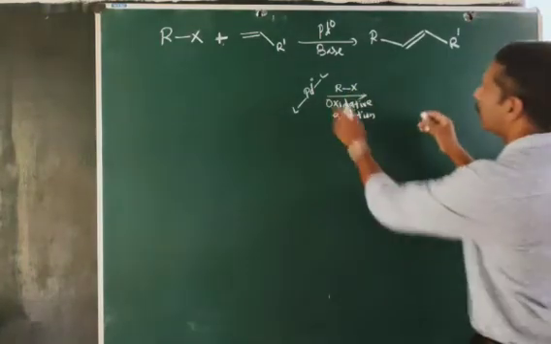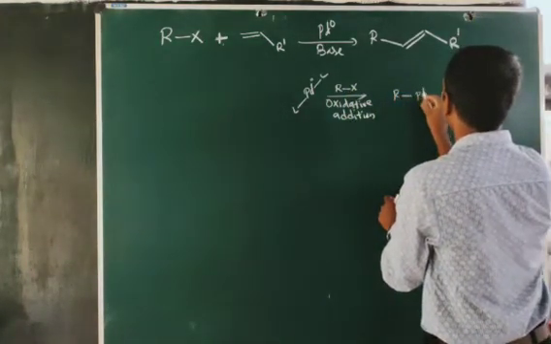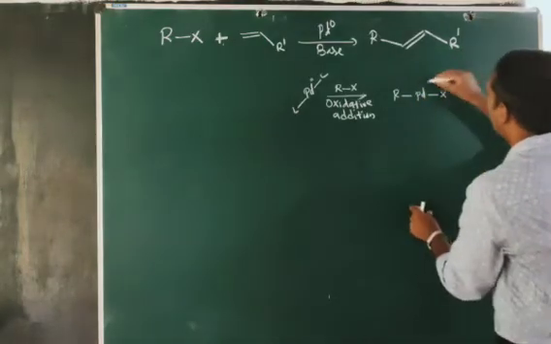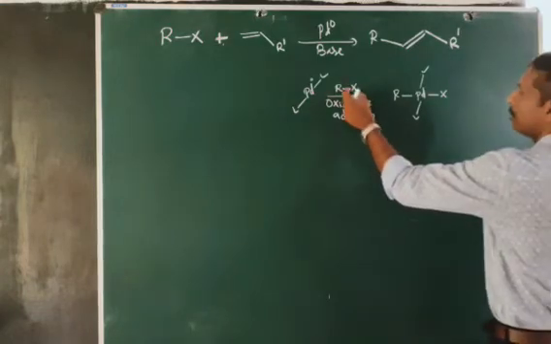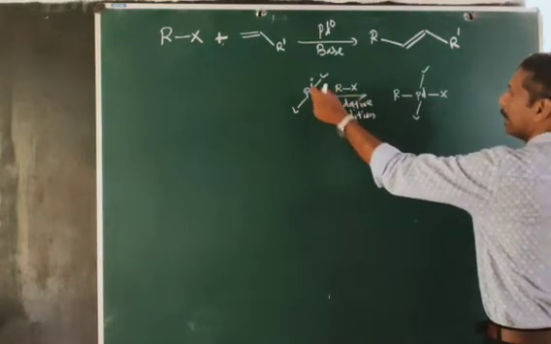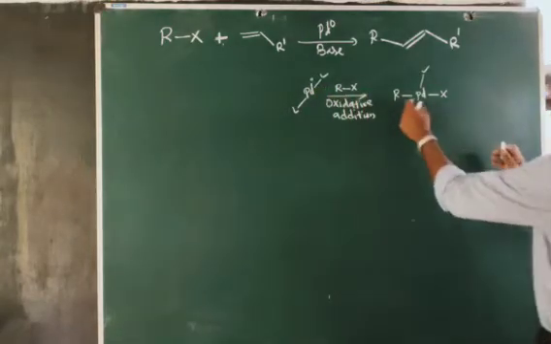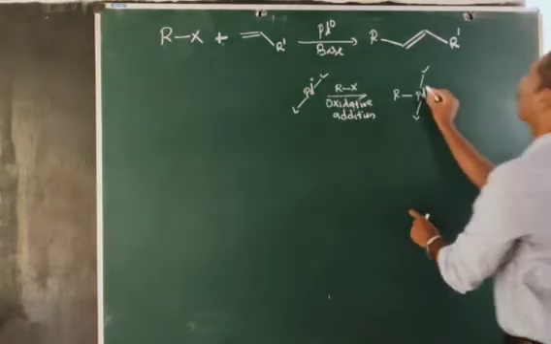And after oxidative addition, what will you get? Look at here. Here it is R, then palladium is inserted between R and X, and here is our L. Now you can see that when RX and palladium(0) are joined together, the zero oxidation state is changed to +2 oxidation state.